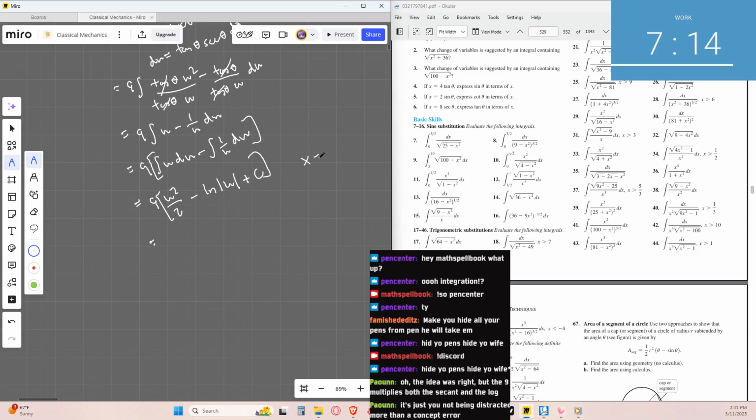We also should remember that x is 3 secant. So if we want secant of theta, because that's what we're going to end up with, and secant squared here over 2, then minus 9. And then we don't have to worry about the c.